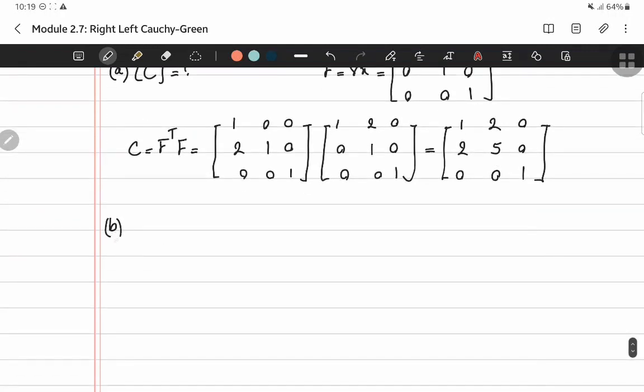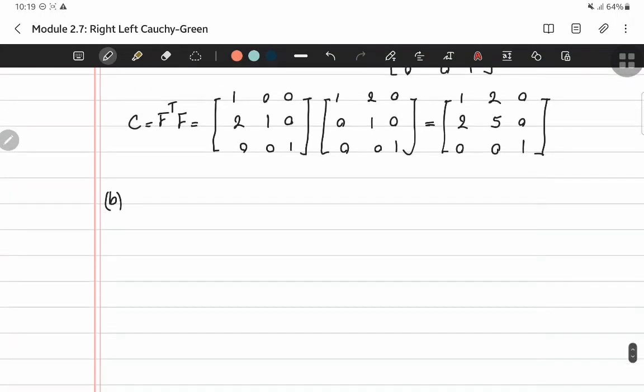Then the second part asks what the eigenvalues and eigenvectors are. So from here, you know that one of the eigenvalues is 1, and the eigenvector you can find because it is the third one. So one of the lambdas is 1, and n3 is e3.